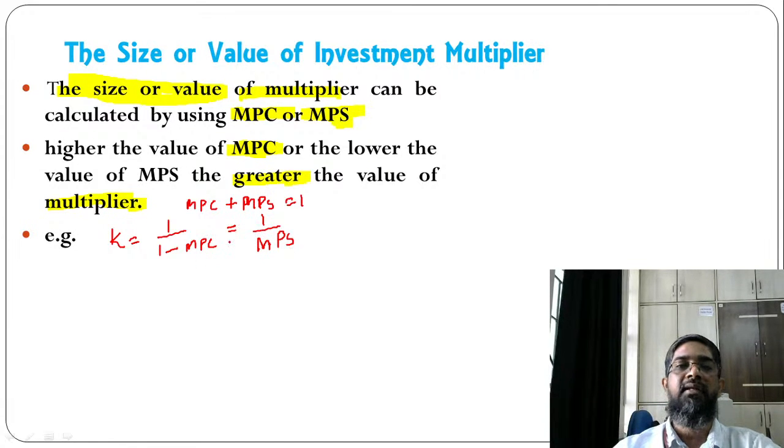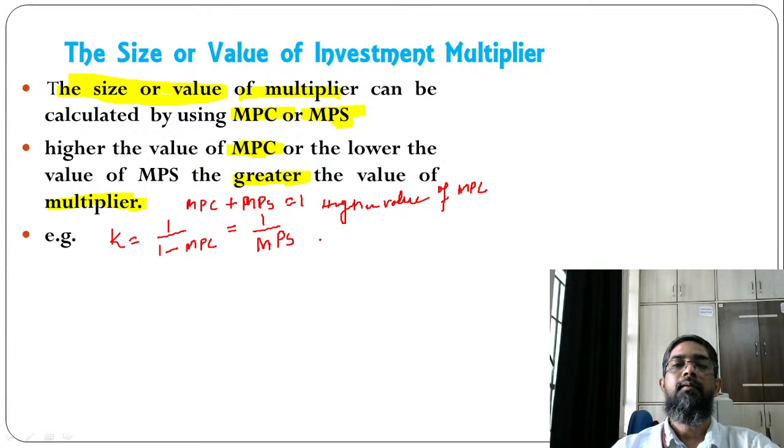So what I am telling is, higher the value of MPC, higher will be the value of k. Lower the value of MPC, lower will be the value of k. Direct relation.